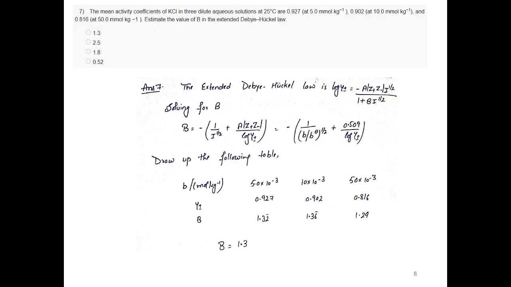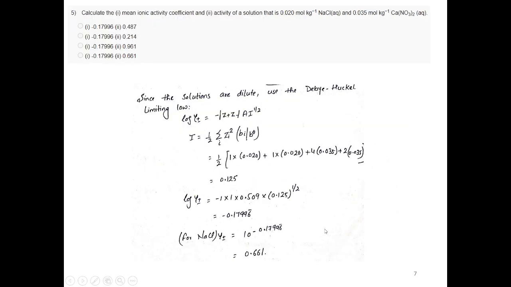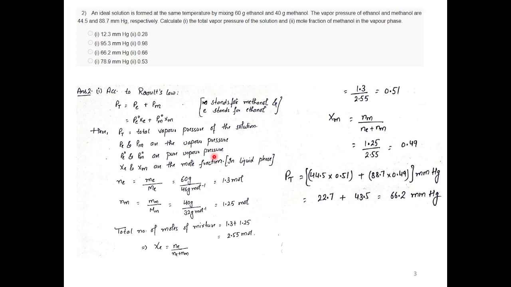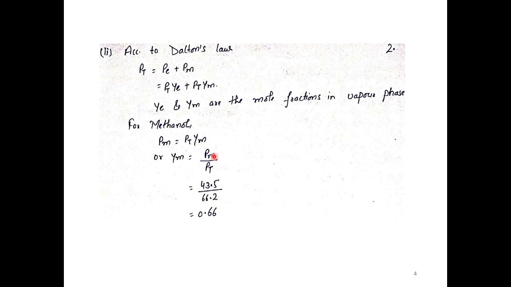So you understand what we have been doing previously. What was your first question? Your first question was what is Raoult's law. To explain Raoult's law, for an ideal solution the pressure can be expressed in terms of Raoult's law. Then we calculate the mole fraction and total vapor pressure, using Raoult's law and Dalton's law.